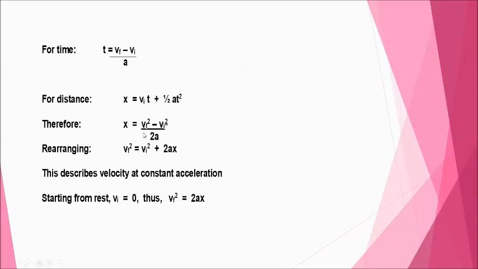And if we rearrange this equation to this one, v sub f squared is equal to v sub i squared plus 2ax, then we have a formula that describes velocity at constant acceleration. And again, if started from rest, initial velocity is 0.